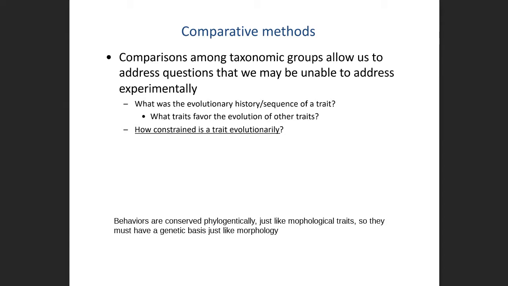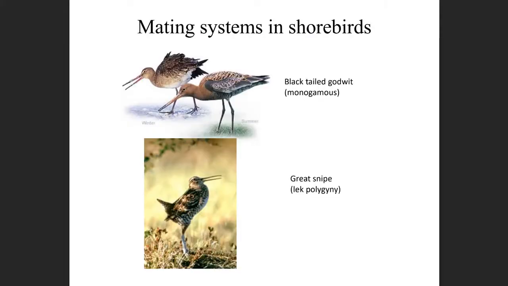And then the other sort of behavior evolution question is, have traits evolved multiple times in response to a single hypothesized ecological constraint? So I'm not actually going to do an example of that. I'm going to do the how constrained are traits behaviorally example.